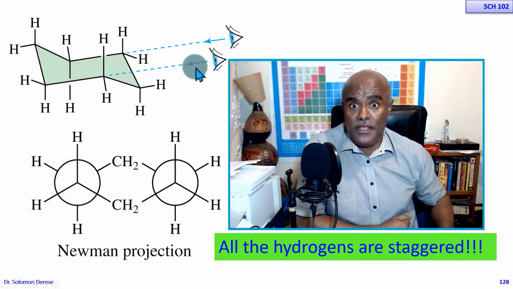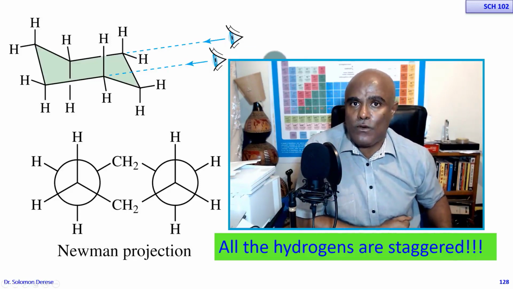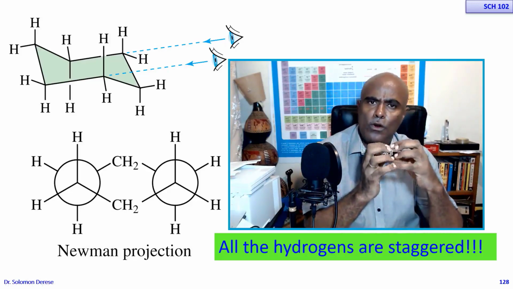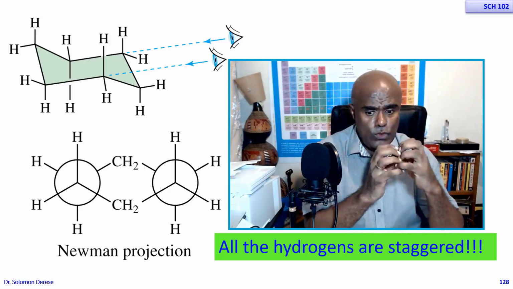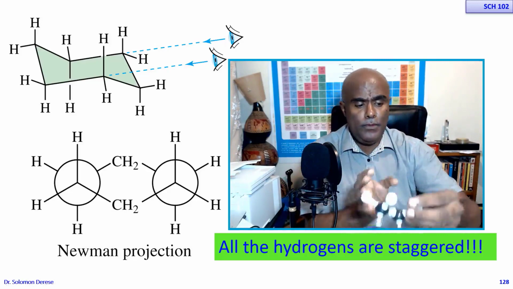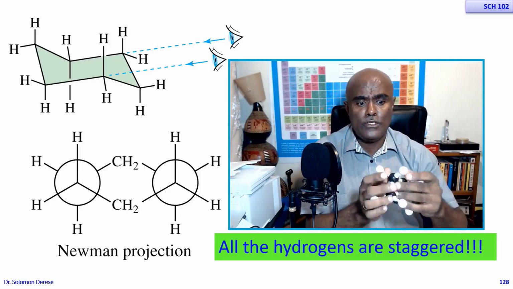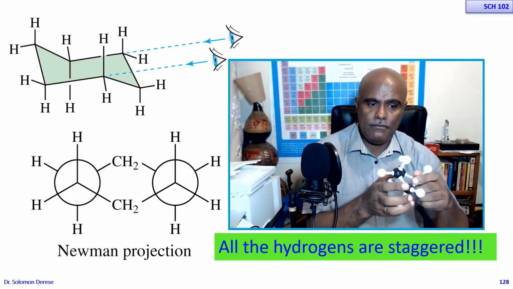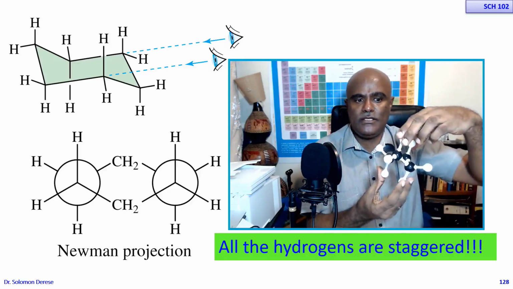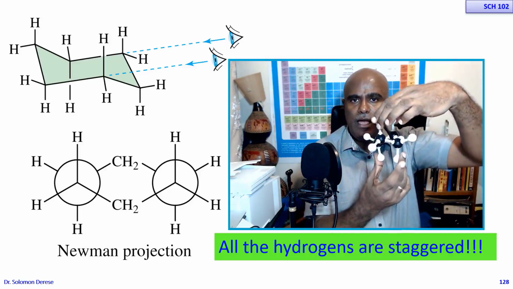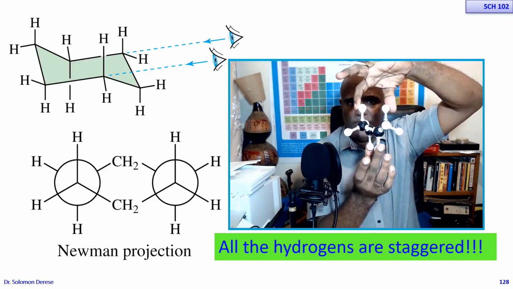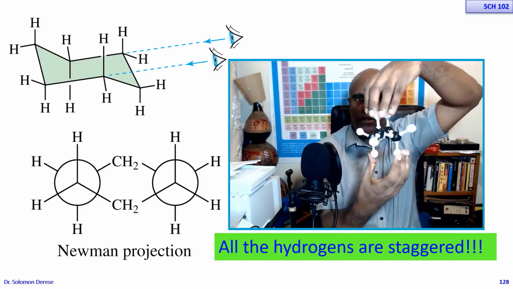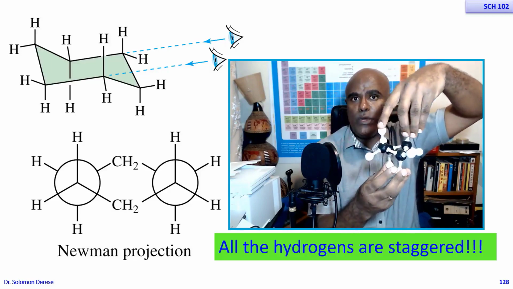Now let's further investigate the chair conformer. You remember in the case of cyclobutane, I showed you there are two types of hydrogens: axial hydrogens and equatorial hydrogens. The ones I'm touching are axial, the other four are equatorial, which lie across the equator of the ring.